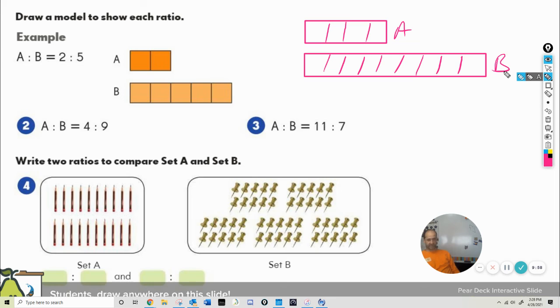Got it? Okay. Then number 4, did you pause me? If not, pause me and then do it. Okay. In 4, you've got 1, 2, 3, 4, 5, 10, 20 pencils to 50 pins, or 2 groups of 10 pencils to 5 groups of 10 pins. Okay. 20 to 50 or 2 to 5.